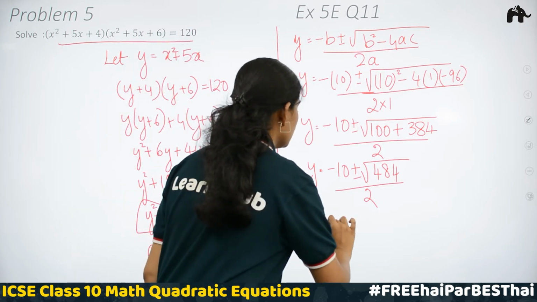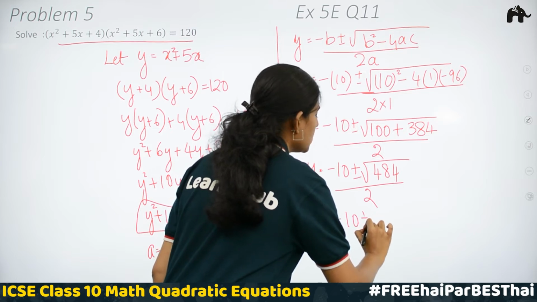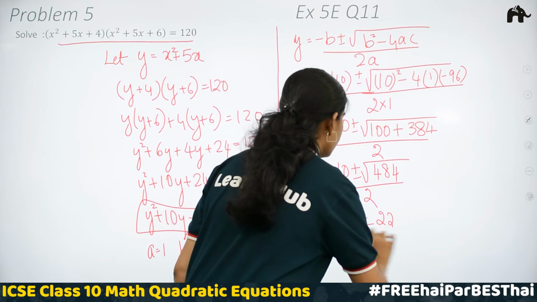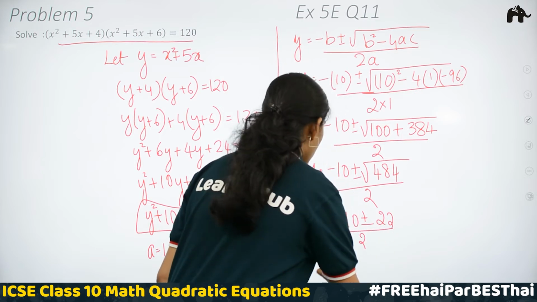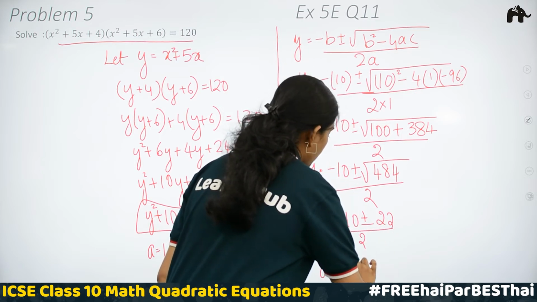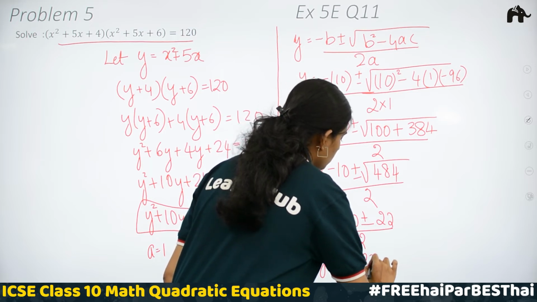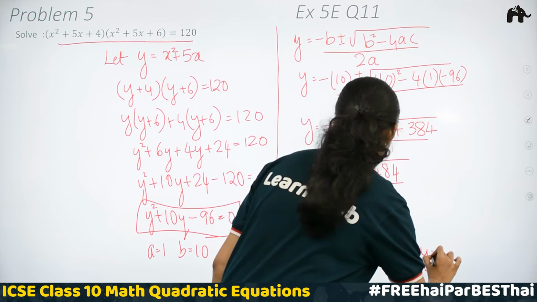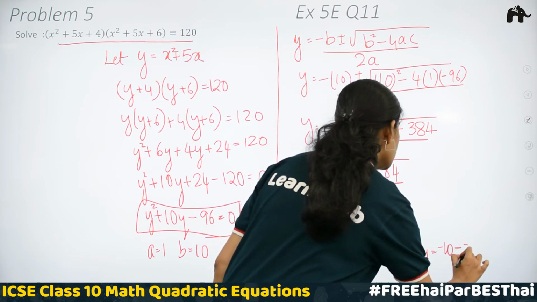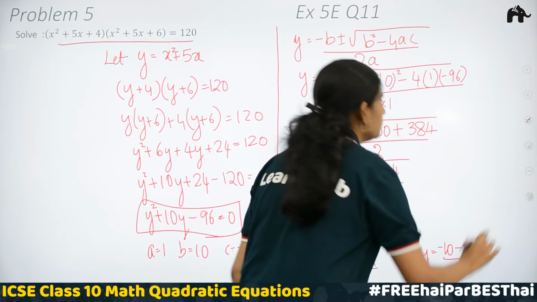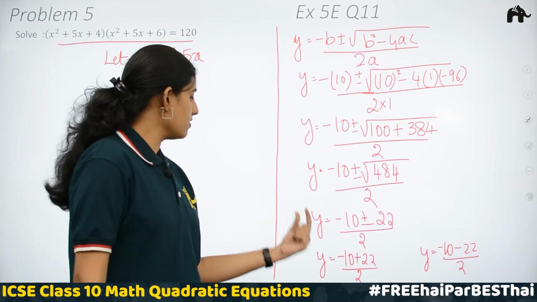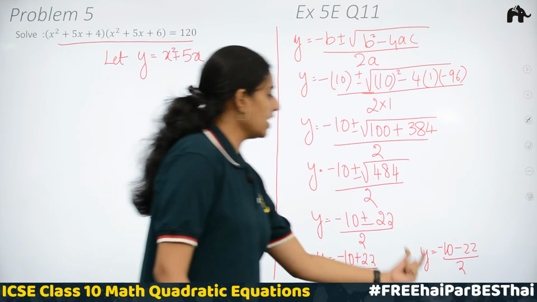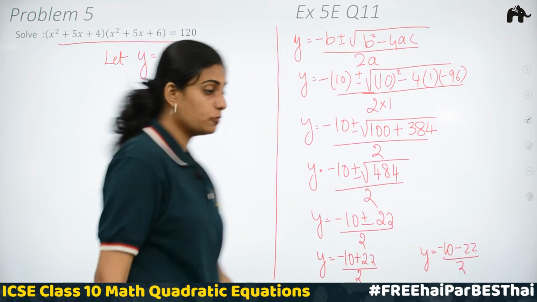That is y = (−10 ± 22) / 2. Either y = (−10 + 22) / 2 or y = (−10 − 22) / 2.